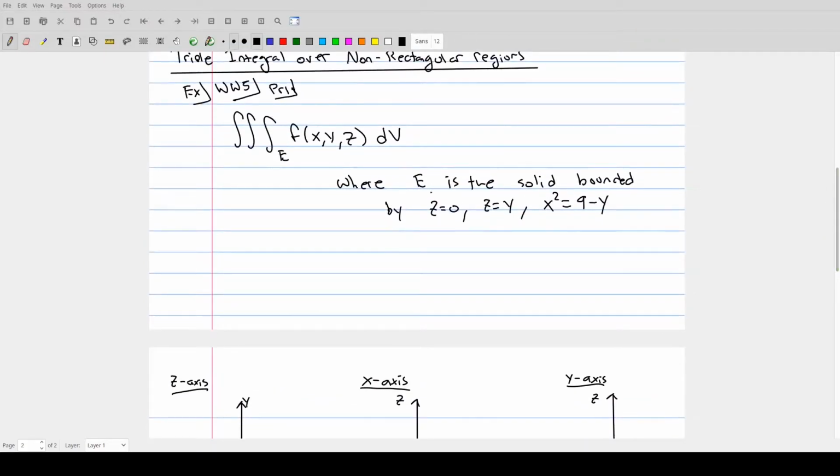Sure enough, if we look at E along the z-axis, the only equation that is really governing the relationship between x and y is this curve, x squared equals 9 minus y.